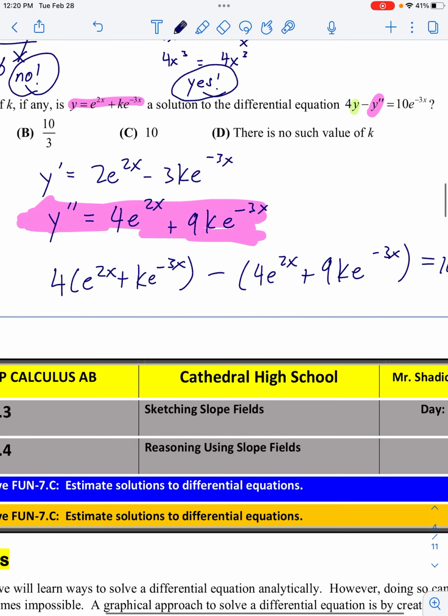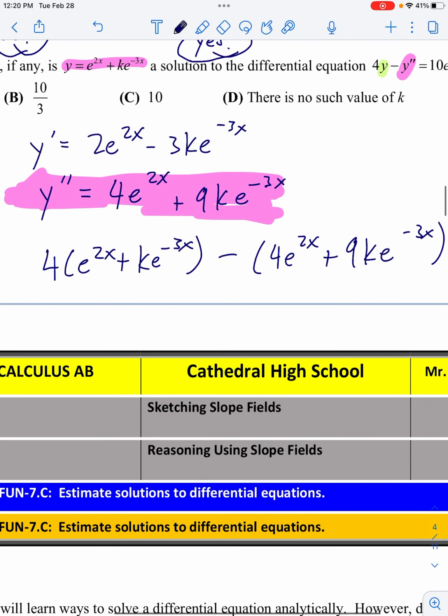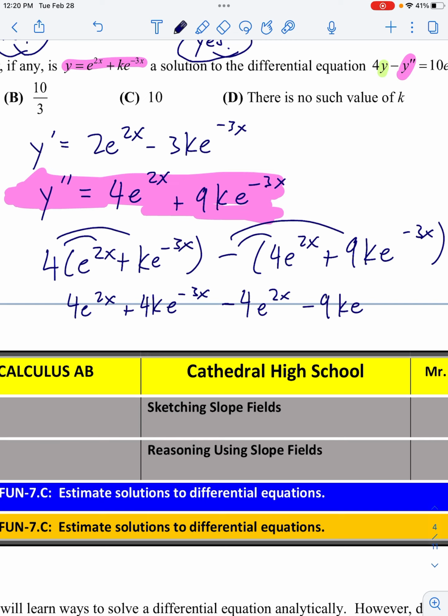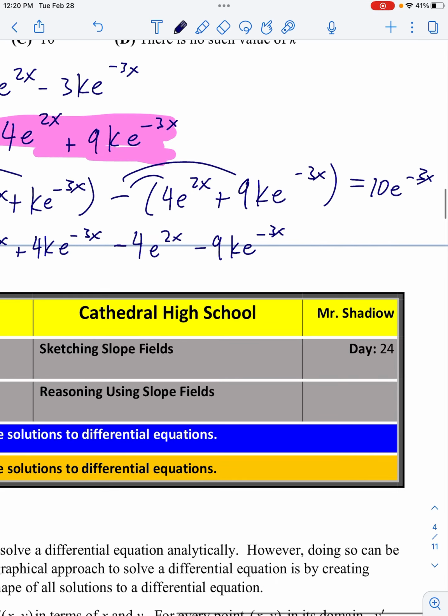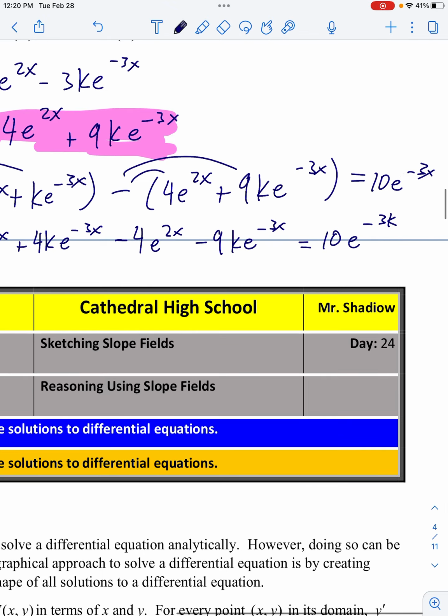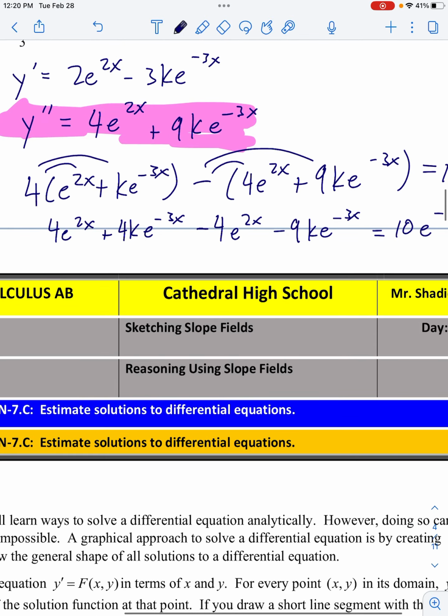All right. So let's distribute and combine everything, okay? Let's distribute the 4. Distribute the negative. All right, let's combine our like terms.